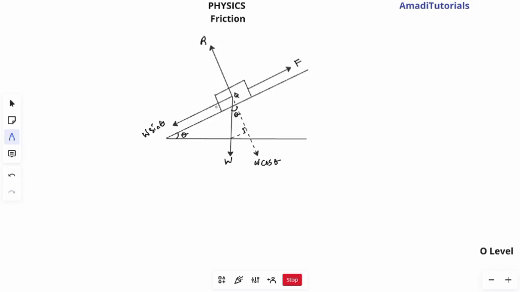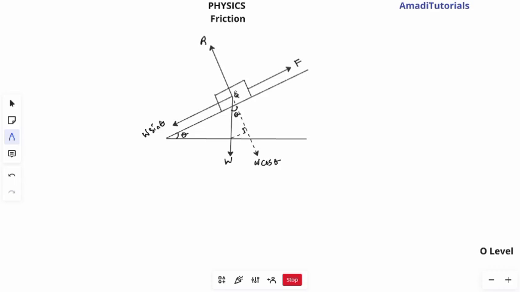Now, if this mass is stable, in equilibrium, that means F is equal to W sine theta. However, for this body to remain here, the summation of all the forces acting on it equals zero. That's the principle of equilibrium. When the algebraic sum of forces acting on a body equals zero, that means the body is in equilibrium.